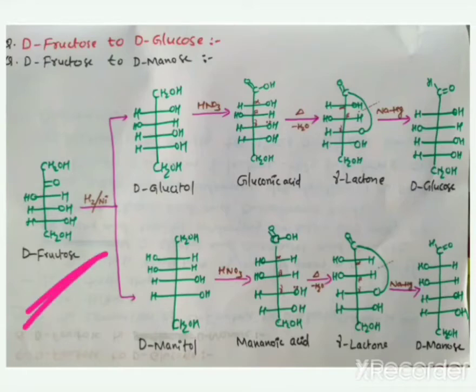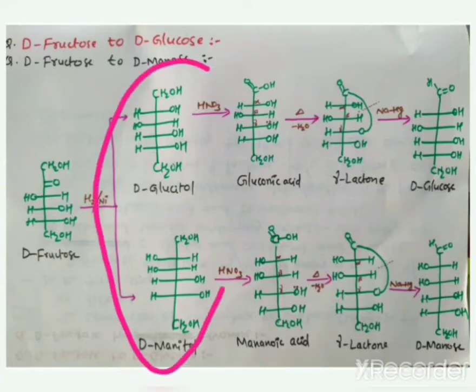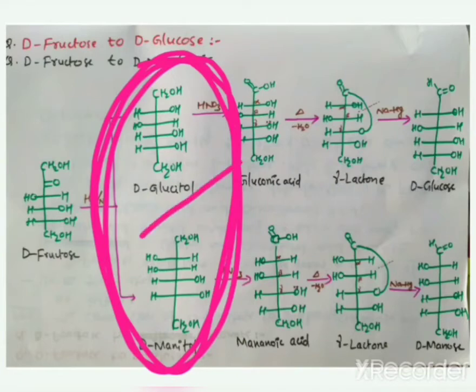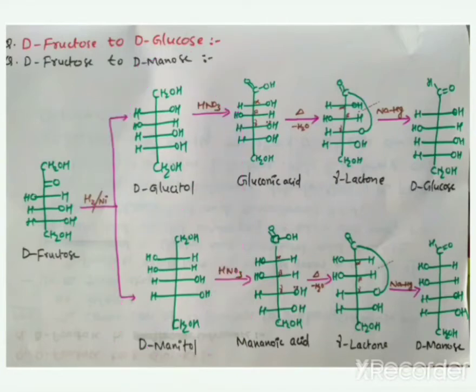Fructose reacts with hydrogen in presence of nickel catalyst, that is H2/Ni. We get a mixture of two products. One is D-glucitol, another one is D-mannitol.